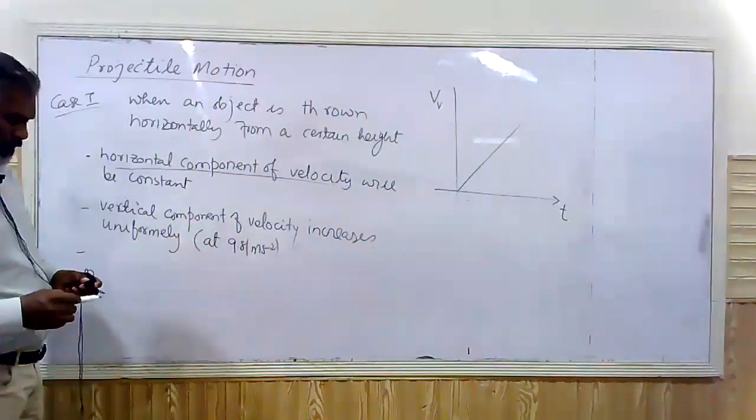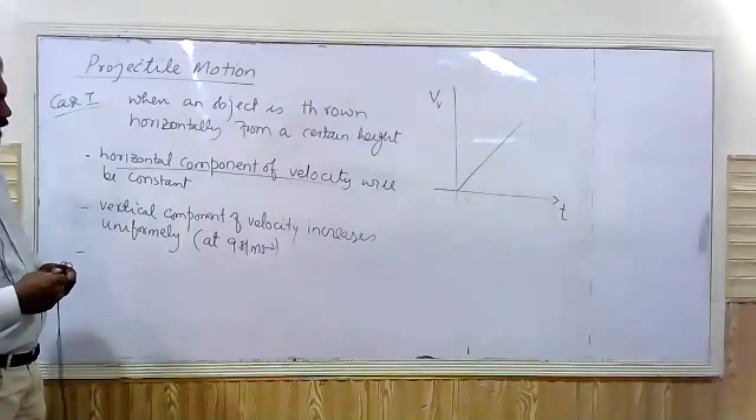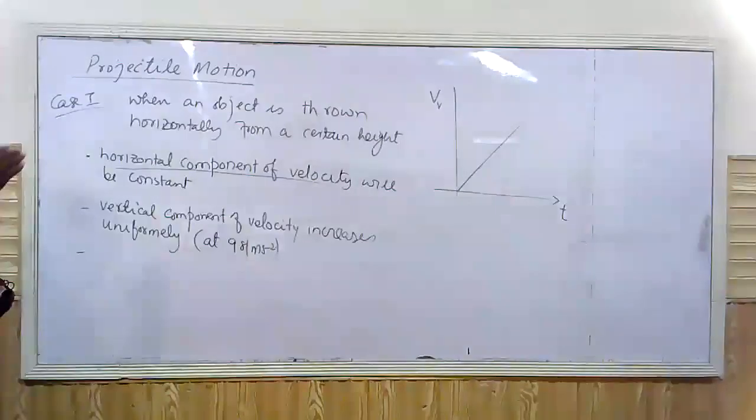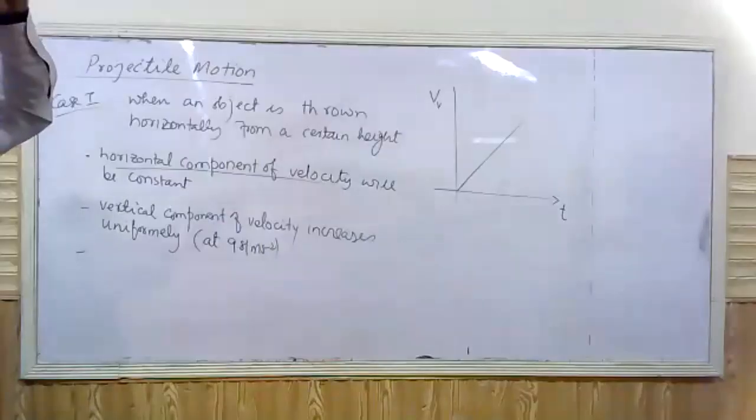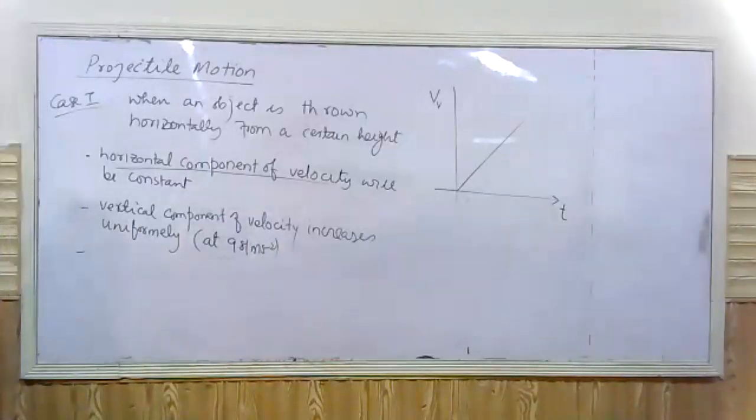The time that an object takes to reach the ground is the same as the time an object would take if it is dropped from the same height and falls vertically.